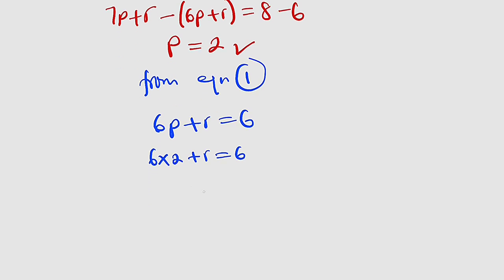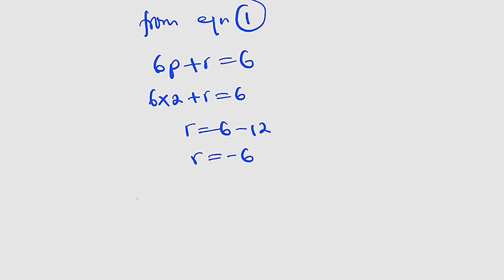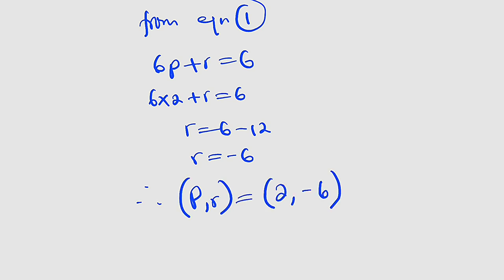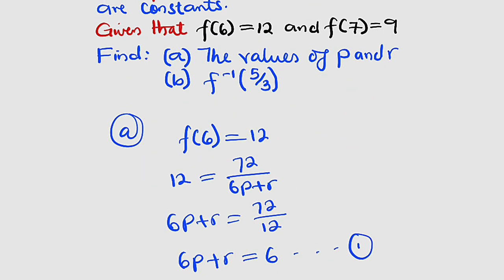This is 12, right? As it crosses over, it becomes negative. We have r equal to 6 minus 12, which is negative 6. So r equals negative 6. So we have just obtained the values of p and r. So you can combine them if you so wish. P comma r is equal to 2 comma negative 6. We are done with the A part.